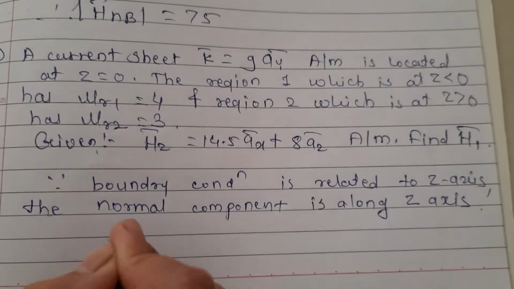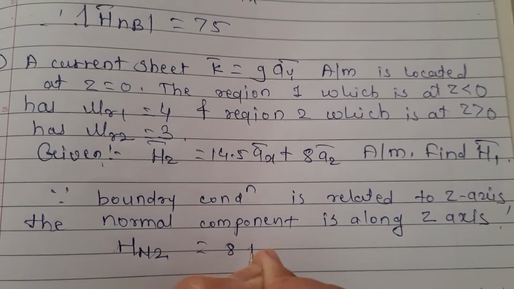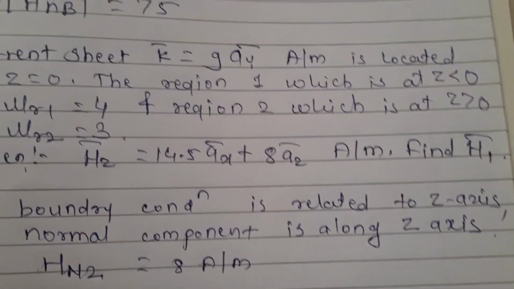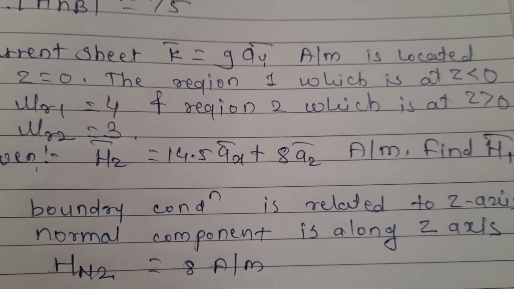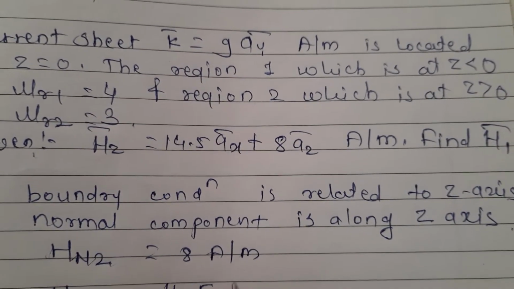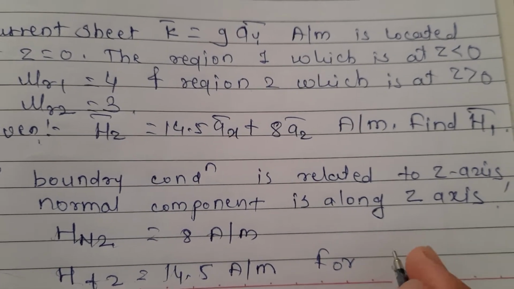So Hn2 is equal to 8 ampere per meter, and Ht2 is 14.5 ampere per meter.